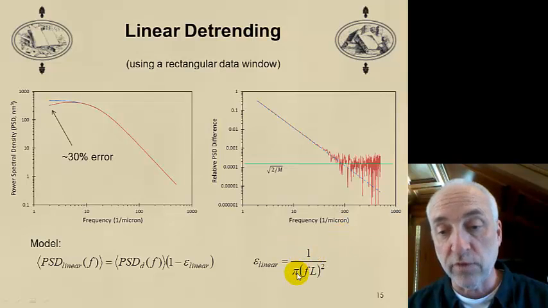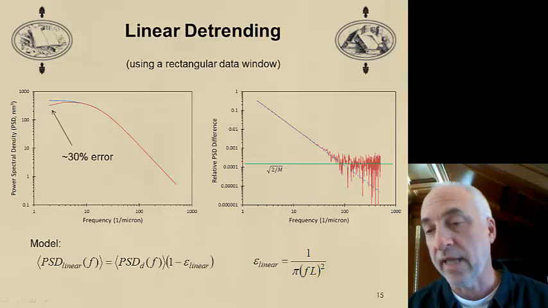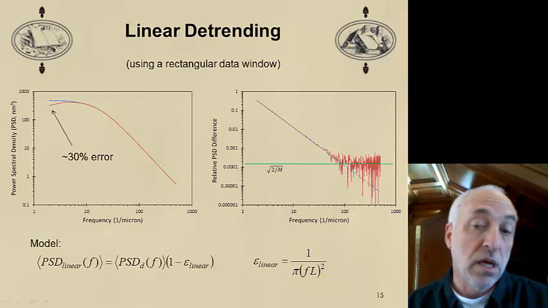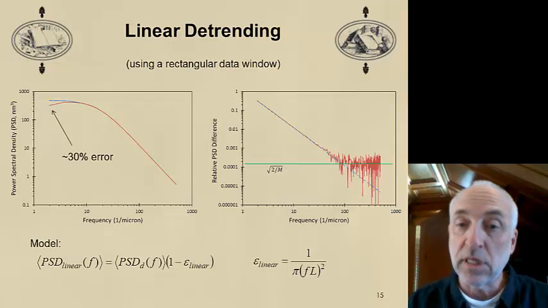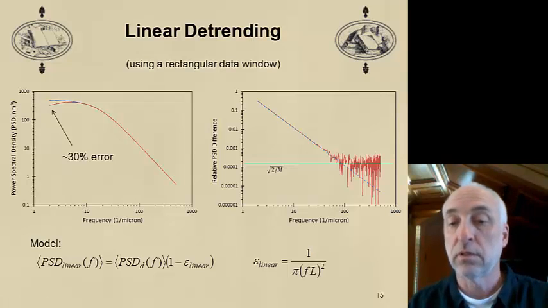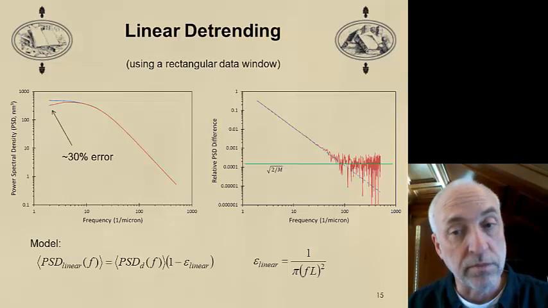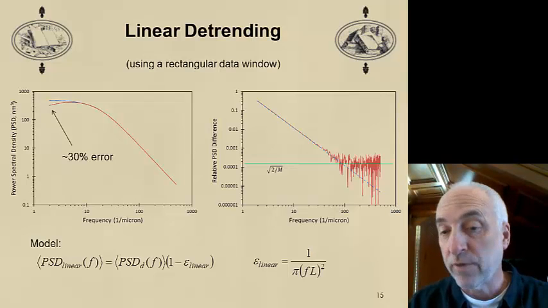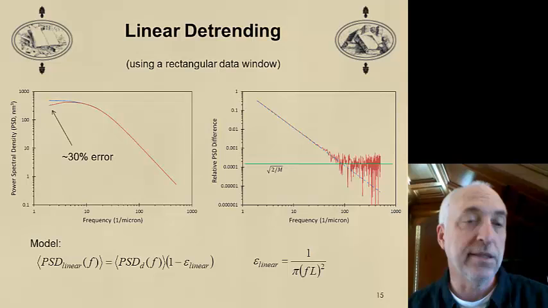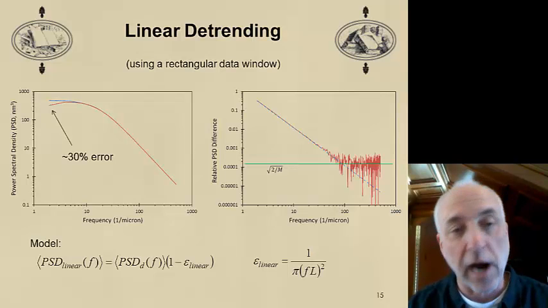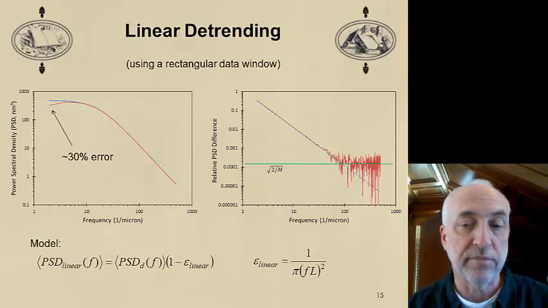In fact, it's 1 over pi times f times L, quantity squared, where L is the length of the line. Now, the lowest frequency that I can measure is f equals 1 over L. So at that low frequency, I find that the linear detrending error is 1 over pi, or about 30%.